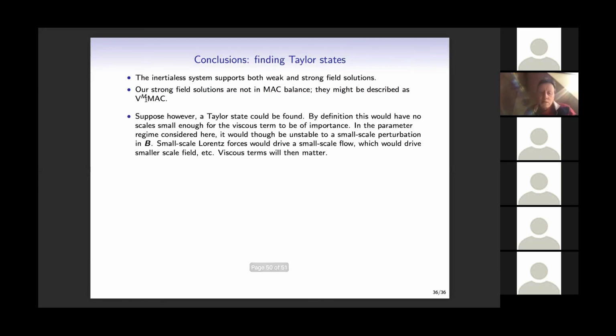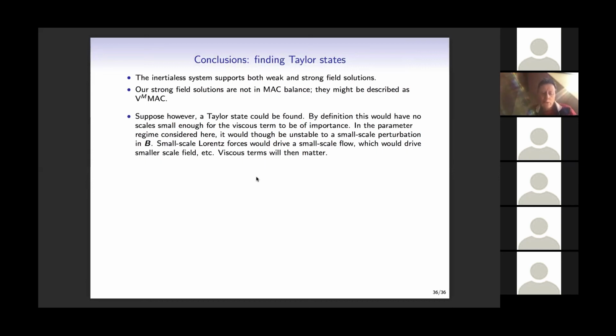Now you might say, well, you just haven't found one. What if you found one? Would it be stable? We would argue in our regime, no, because if you constructed yourself a Taylor state, which by construction has to be large scale, then in our regime, it would be unstable to a small scale perturbation in the field.